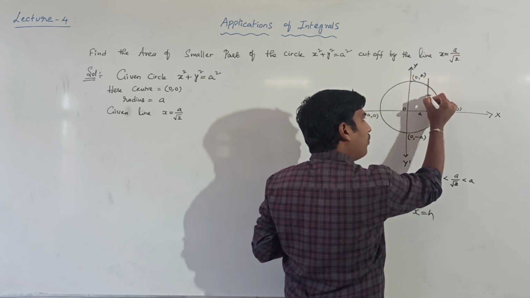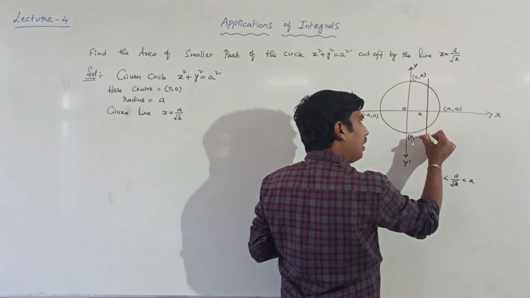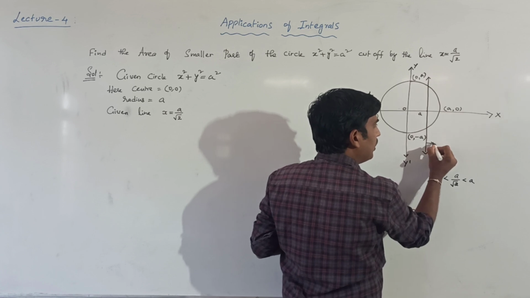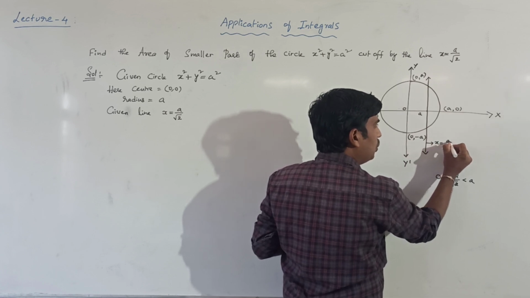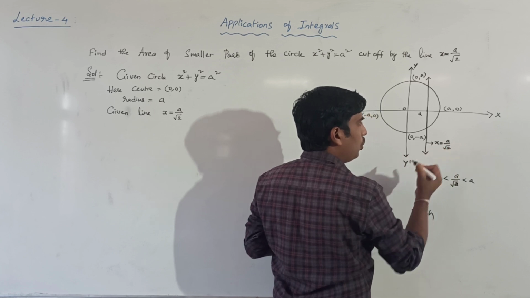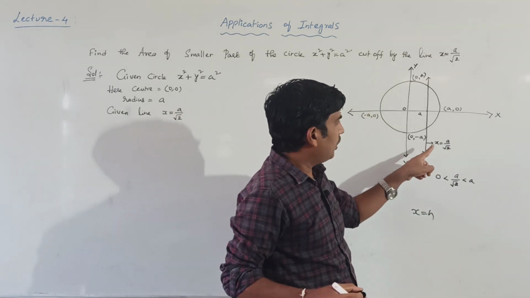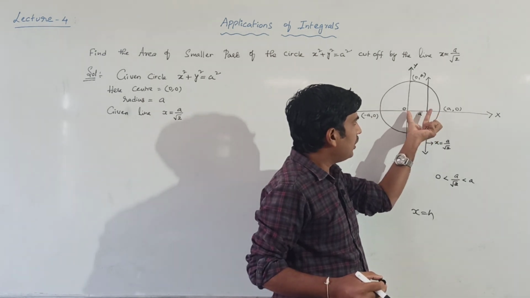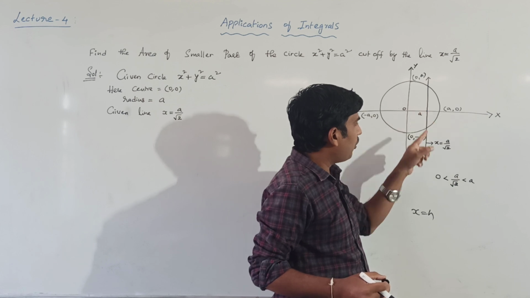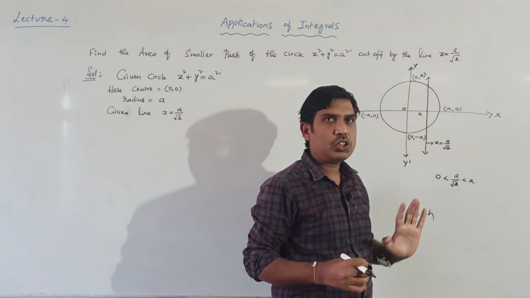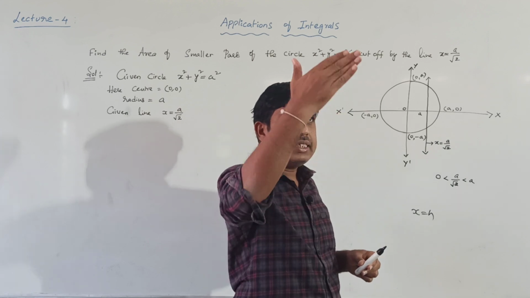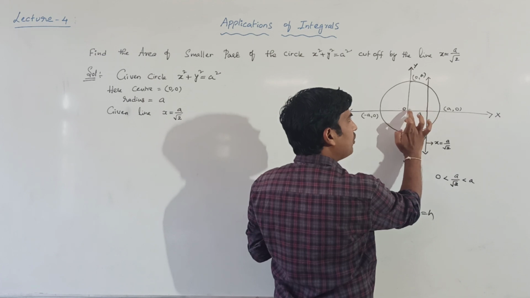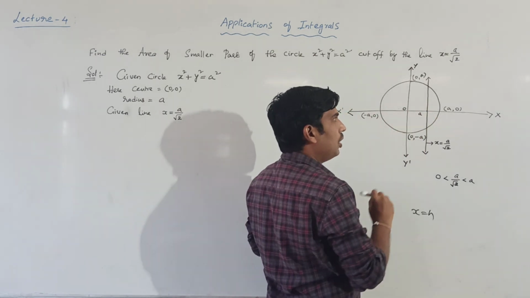Here if I draw one vertical line, this is x is equal to a by root 2. This distance is a, and this one is a by root 2. So x is equal to a by root 2 represents a vertical line at a distance of a by root 2 units right to the y axis.